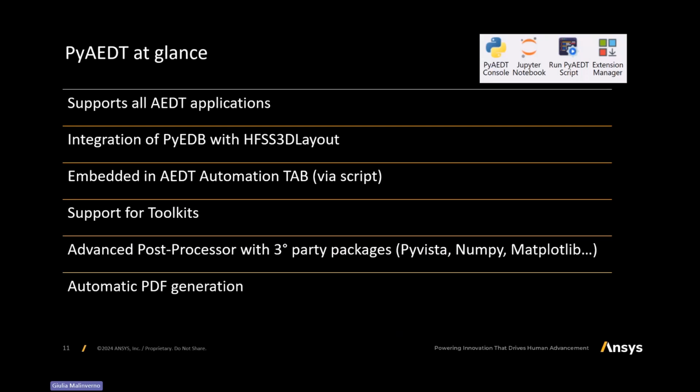For those of you who don't know, PyEDB is the Python client library for processing complex and large layout designs in the Ansys electronic database, the so-called EDB format. It's directly accessible in AEDT through the Automation tab. In fact, you can see in the top right corner the so-called ribbon bar that is available in Ansys Electronic Desktop after you carry out the installation.